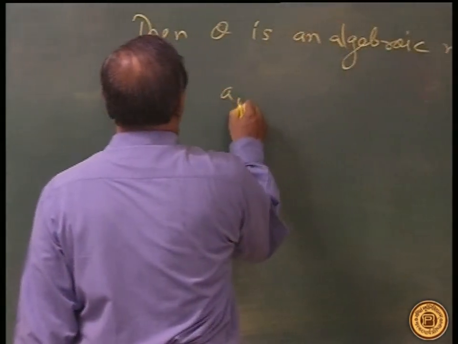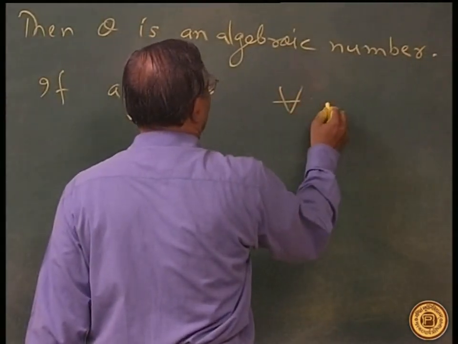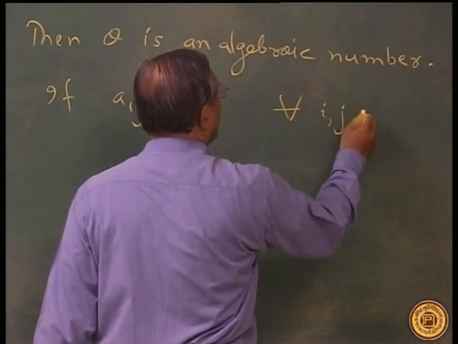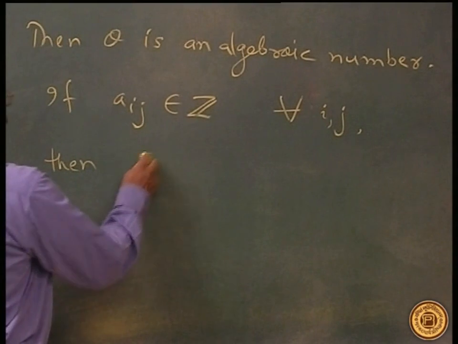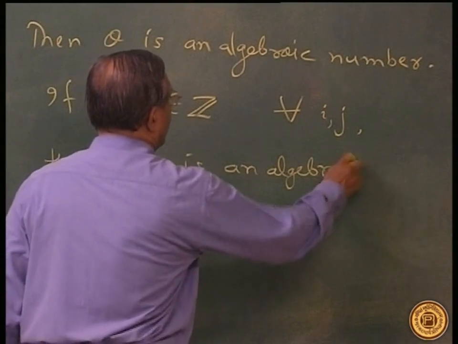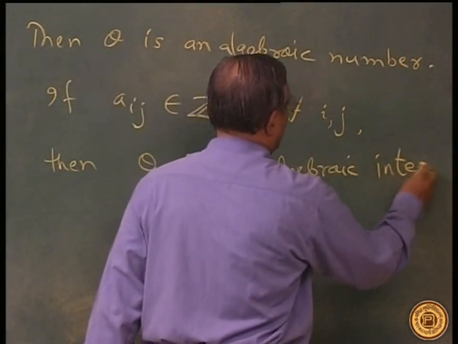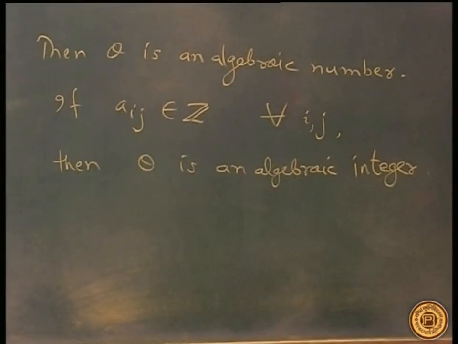If aij belongs to Z for all i, j in the set 1 to n, then theta is an algebraic integer. This proof is given by a linear algebra proof.